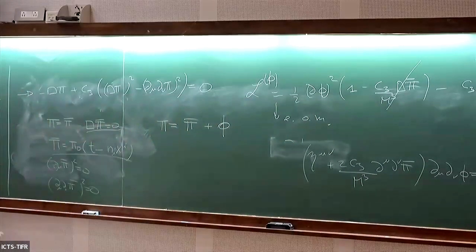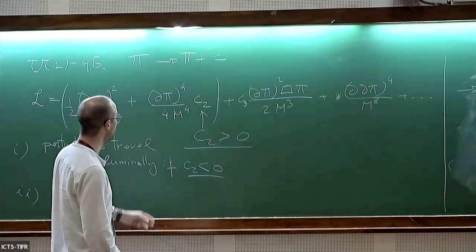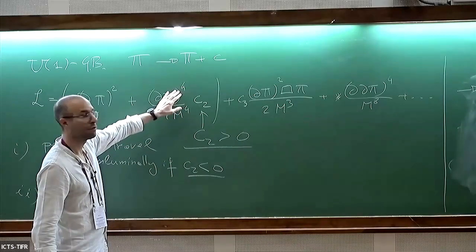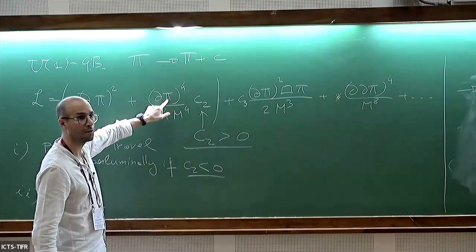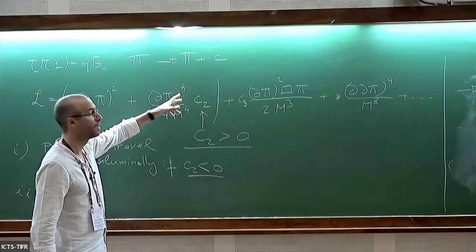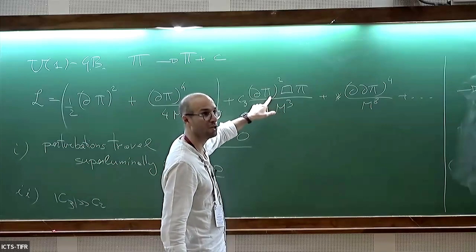First of all, maybe I have to tell you what the expectations are even before doing the calculation. You see, before we had d pi to the fourth, to get the quadratic part, I had to insert twice the background. So it was quadratic in the background. Here instead, since this is cubic, to be quadratic in the perturbation, the background is going to be linear.